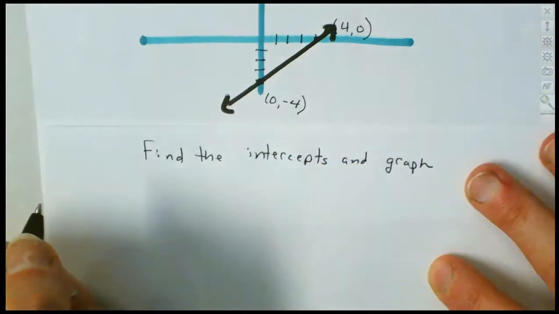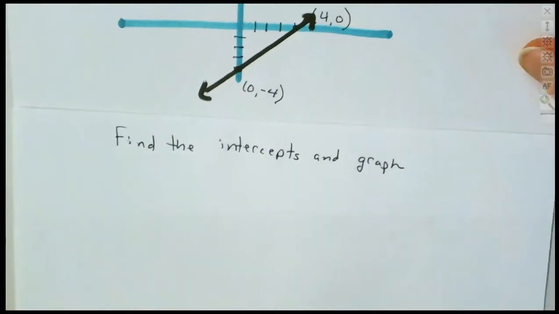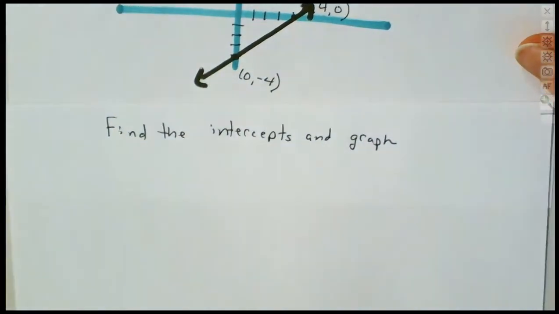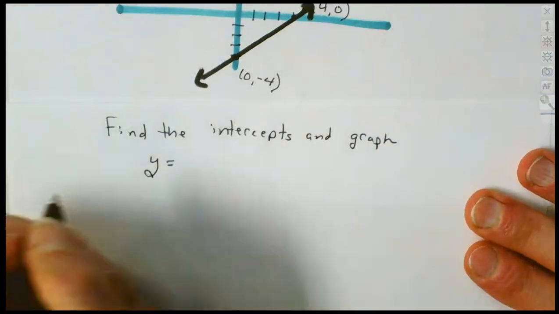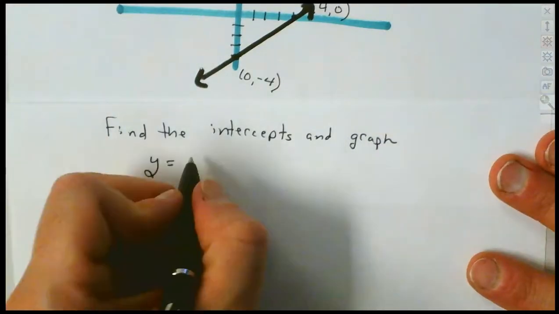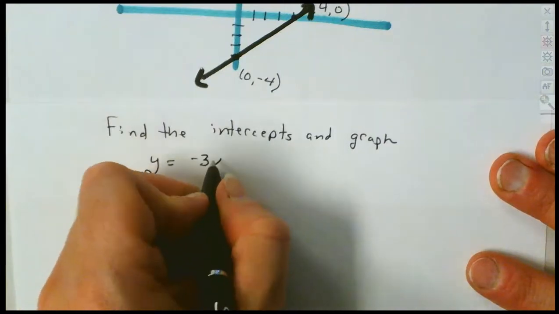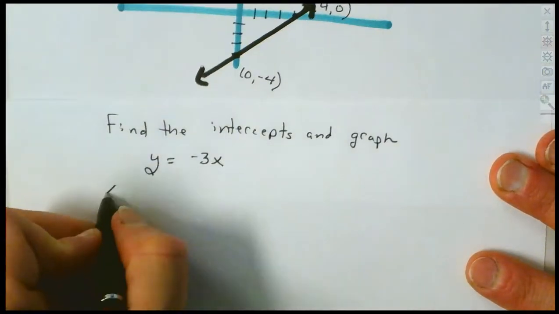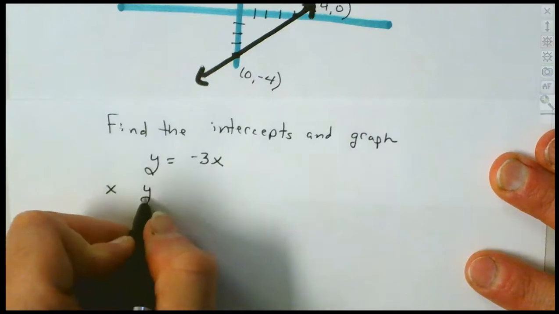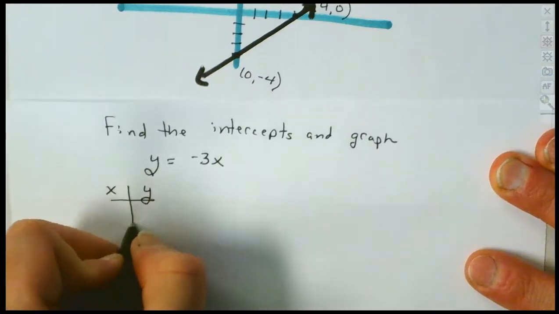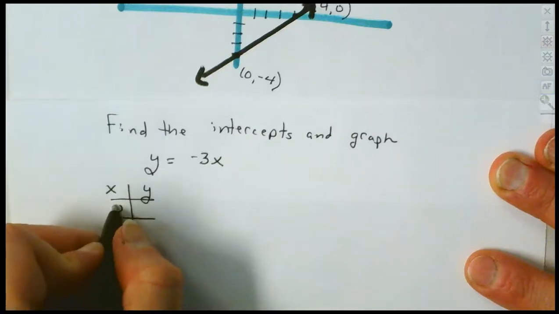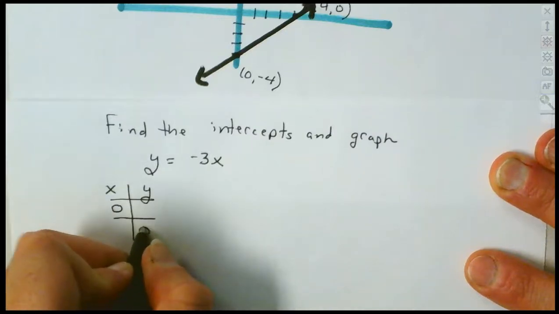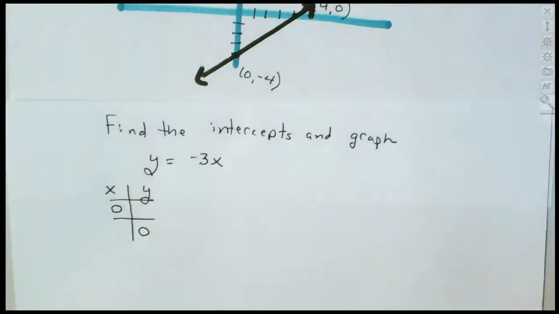So let's go ahead now and try to find the intercepts and graph here. How about we have y equals minus 3x. So we want to first try to find our intercept table, just like we've done before. But this one's going to be a little bit different.